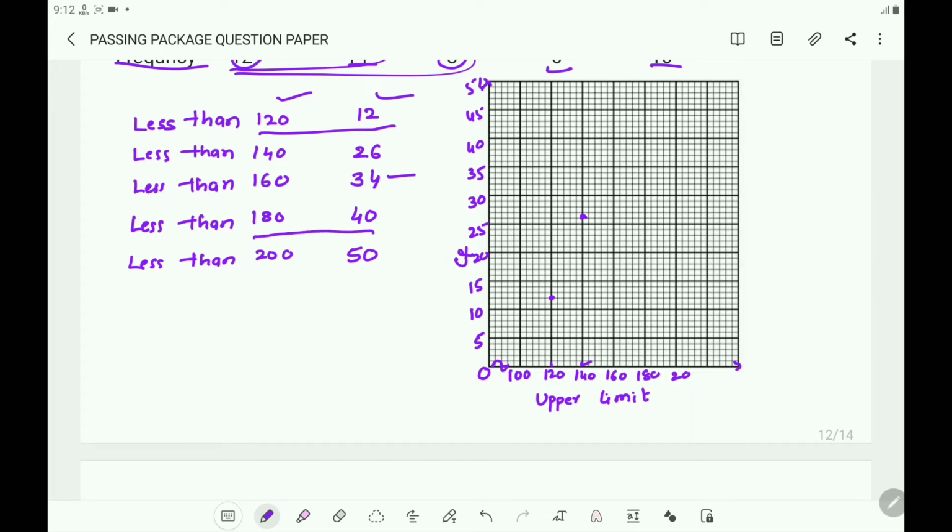Then 160, 34. 160 is here. 34 means 31, 32, 33, 34. So you take 34. Then 180 is 40. So you take this, this is 40. 200 is 50. So it comes here.